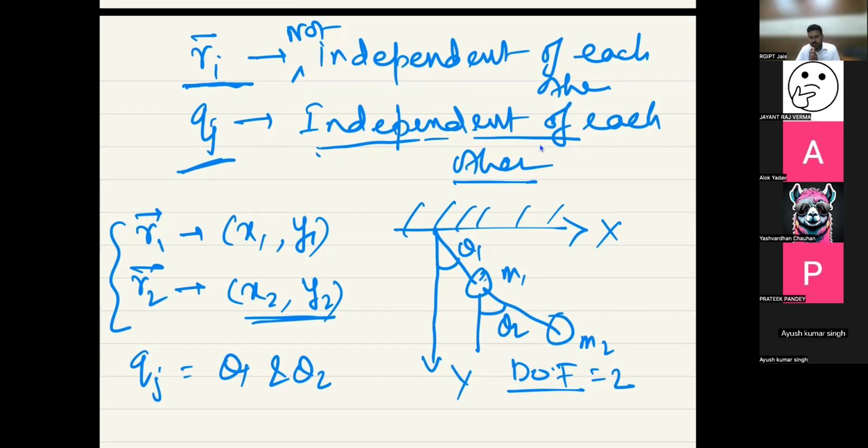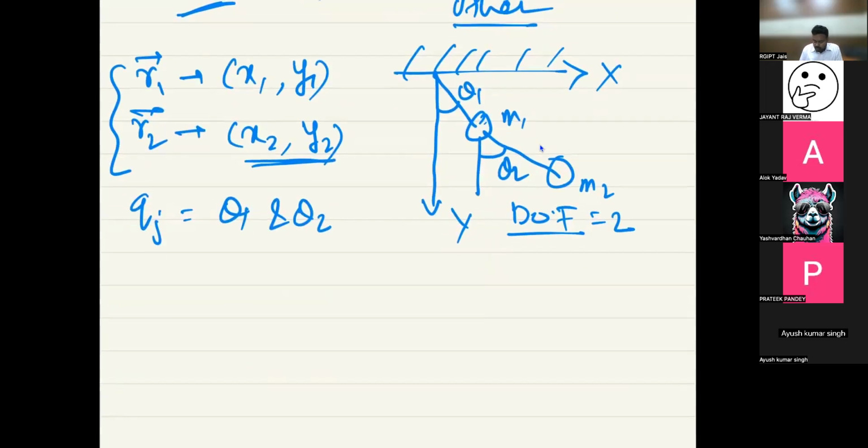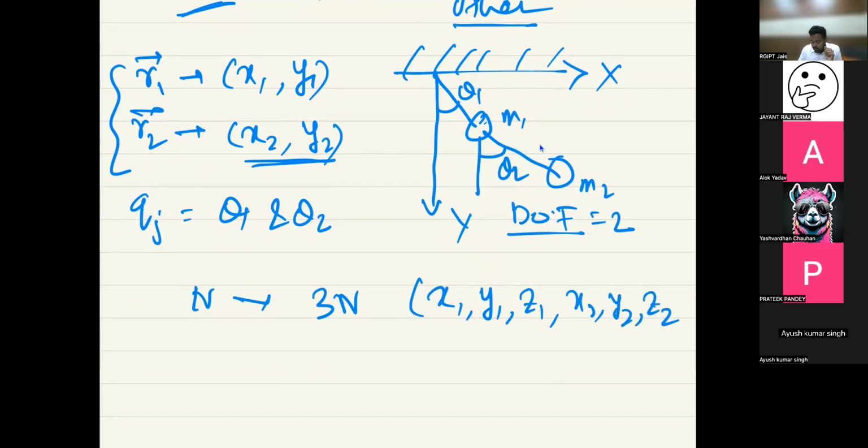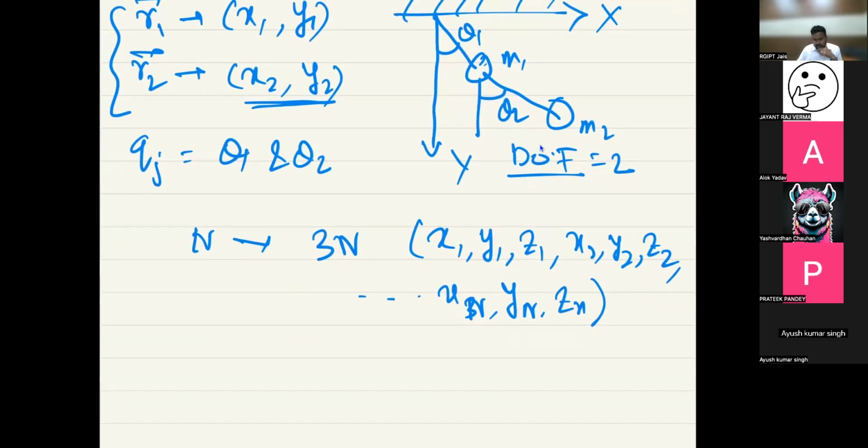That is the reason that we can reduce the number of coordinates. As I told you, for n number of particles, we have 3n degrees of freedom. So how many position variables do we need in this case? You need x1, y1, z1, x2, y2, z2, and so on, up to xn, yn, zn. So these many position variables you need if there are n particles and 3n degrees of freedom.